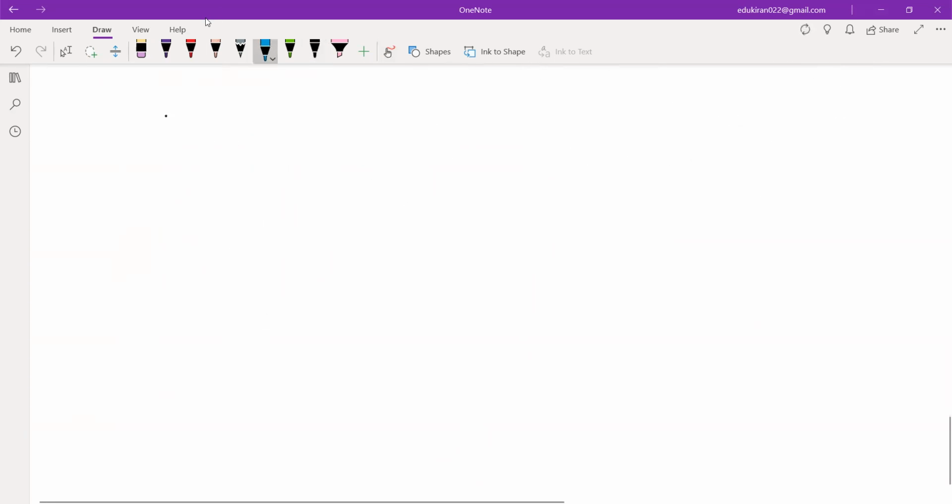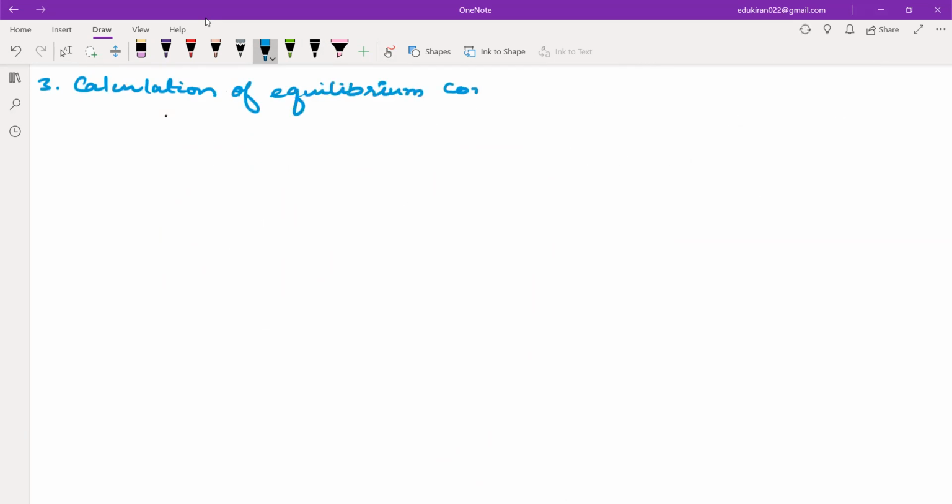Write the topic. The third application is calculation of equilibrium concentrations. Now this is going to be most important.